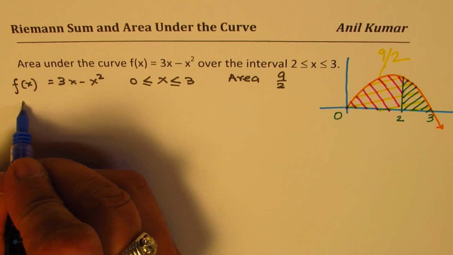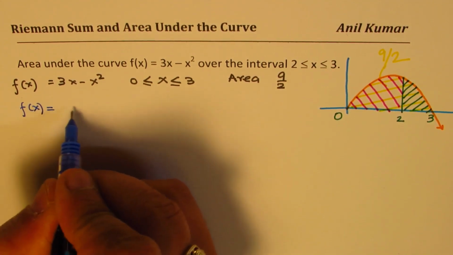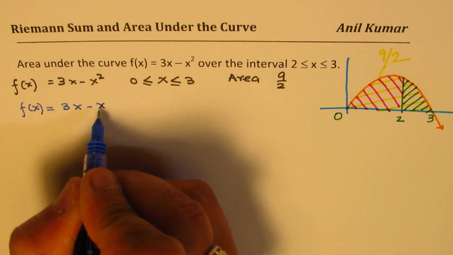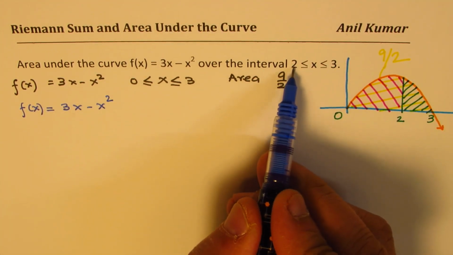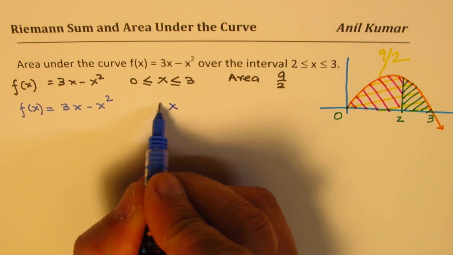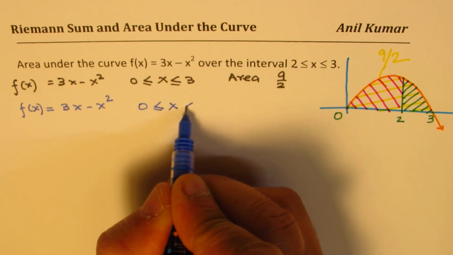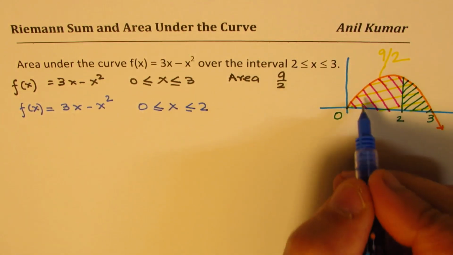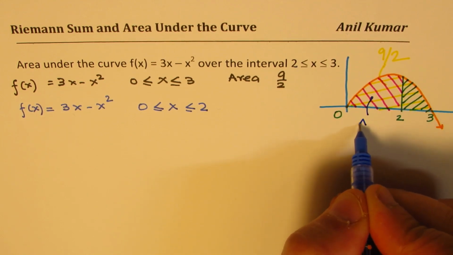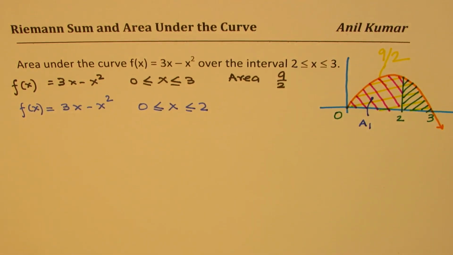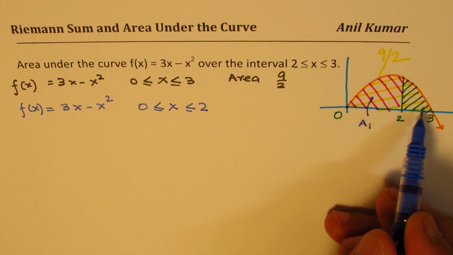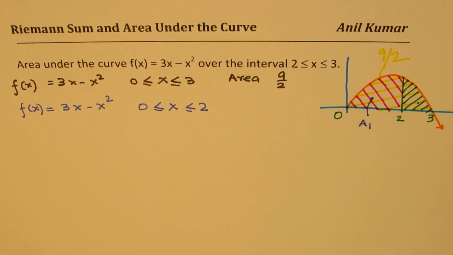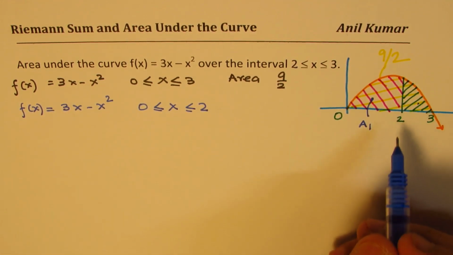So our question now: we'll consider the same function, 3x minus x squared. To find the area between 2 and 3, we'll first find the area between 0 and 2, right? So let's call this area A1, and then we'll take away this A1 from the total to get this area. Is that clear to you?